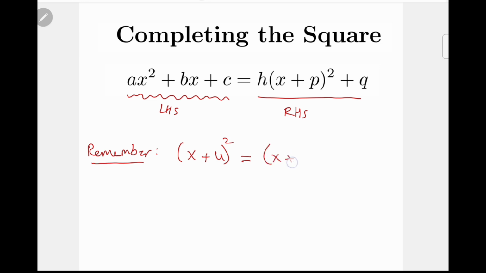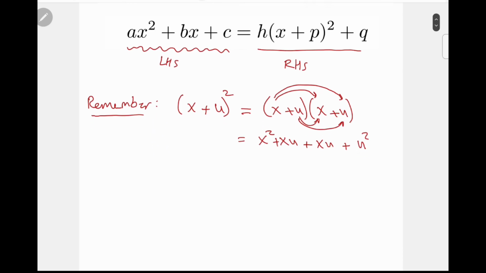We can expand it easily as x plus u times x plus u, and then multiply each term together and add them. So that will be x squared plus xu plus xu plus u squared, where u is a constant.